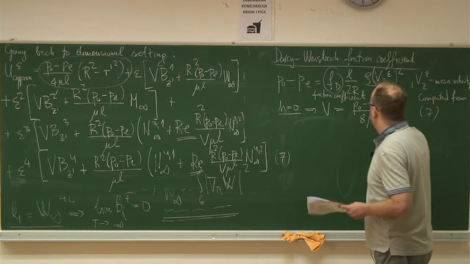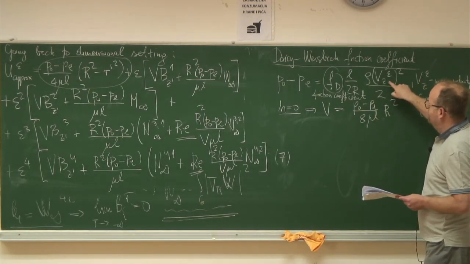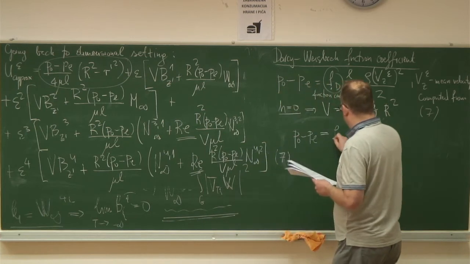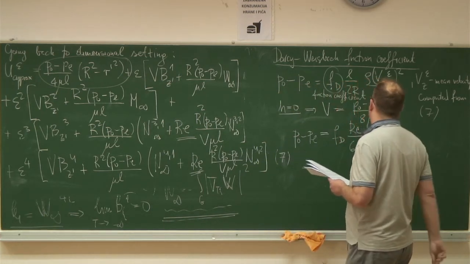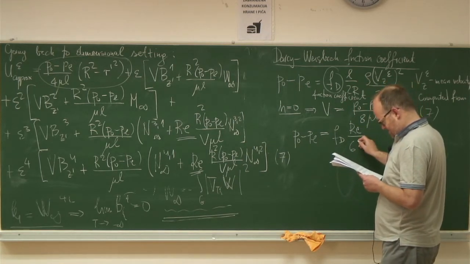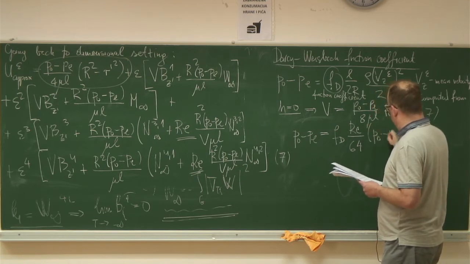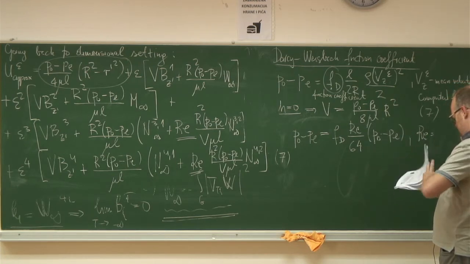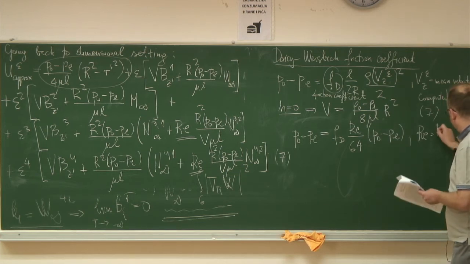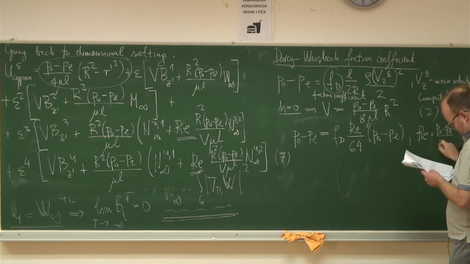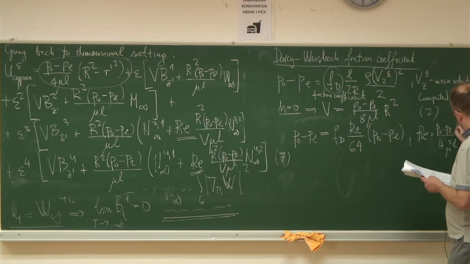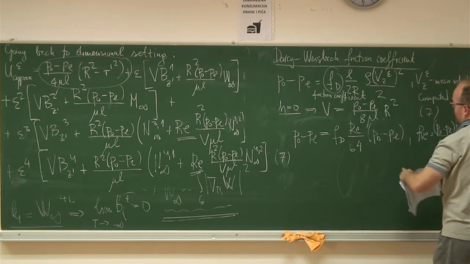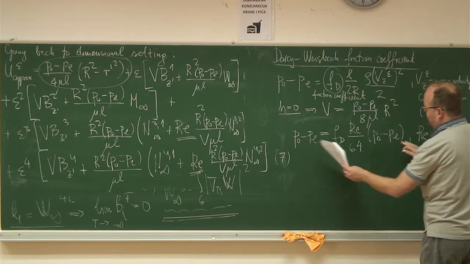So putting this here, because we know the Reynolds number is this, we put this here, and notice the Reynolds number, and we obtain something like this.